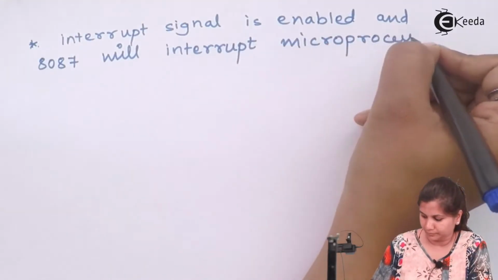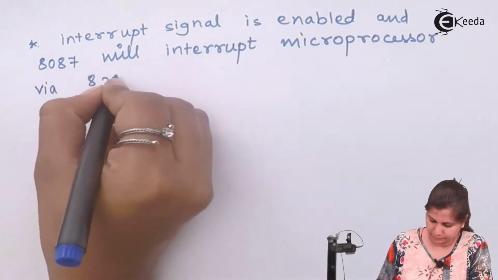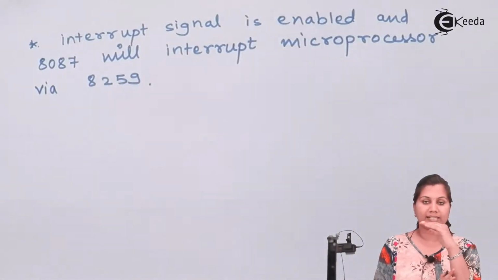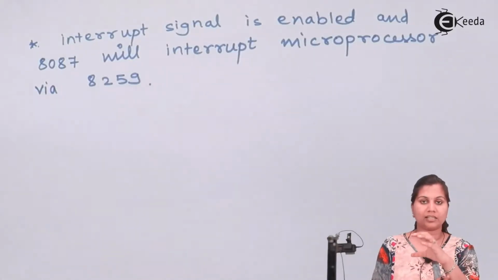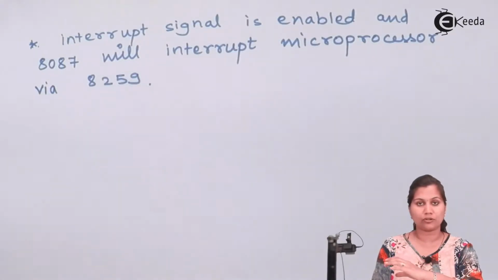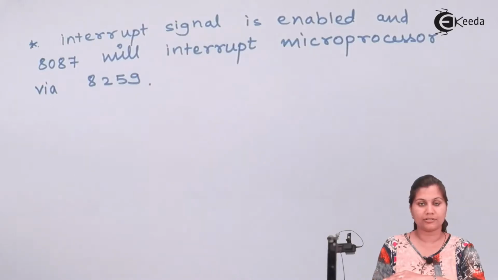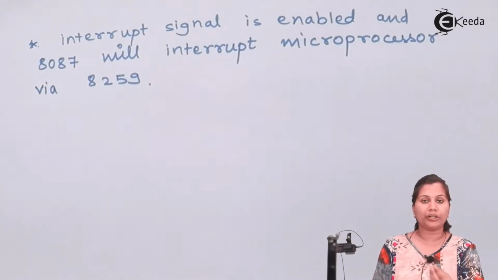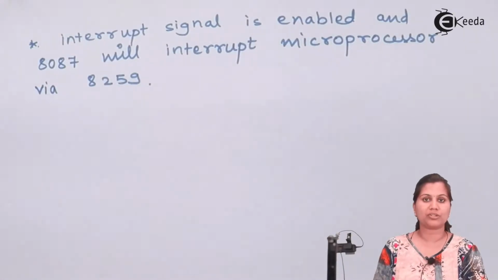When the 8087 discovers that an error has occurred and that the error is not masked, it is in unmasked condition, it is going to generate an interrupt signal and interrupt the microprocessor via the 8259, which is the programmable interrupt controller.